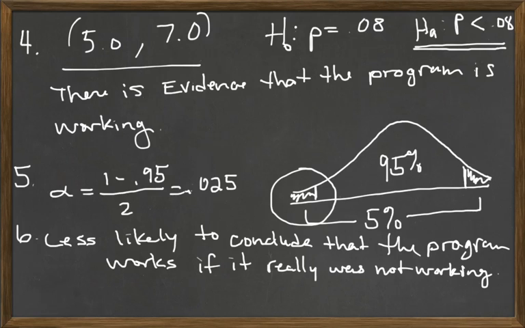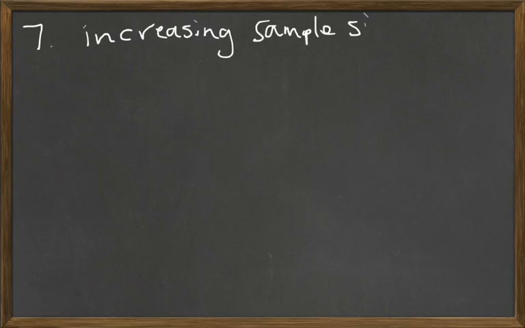Let's go on to number 7. Management decided to extend the incentive program so that the decision can be made on 3 months of data instead. Would the power increase, decrease, or remain the same? Well, what we're doing is increasing sample size, and that's always a good thing.